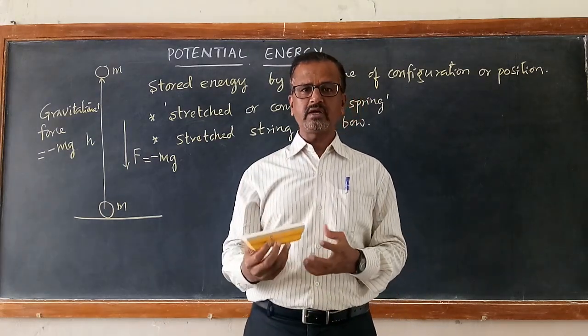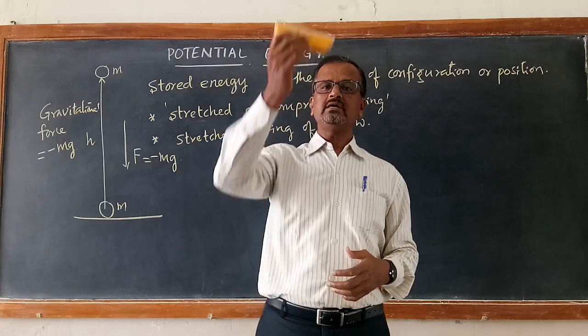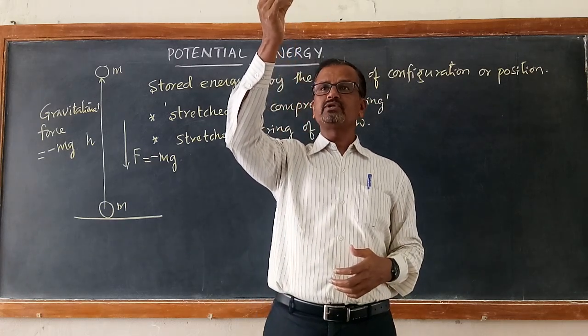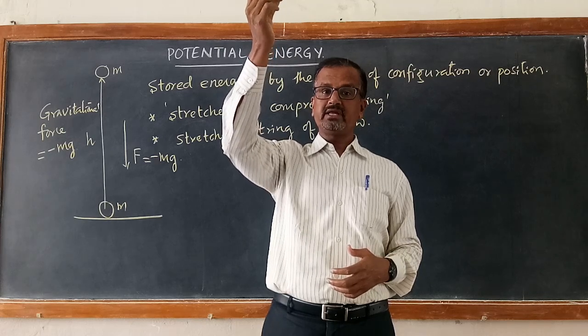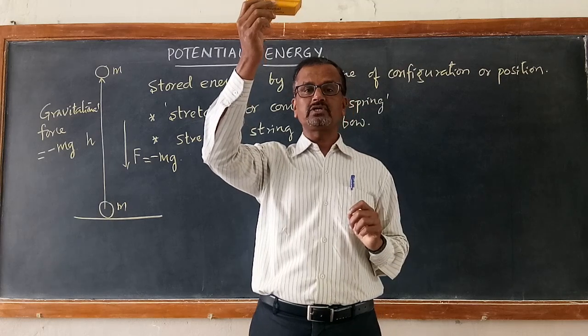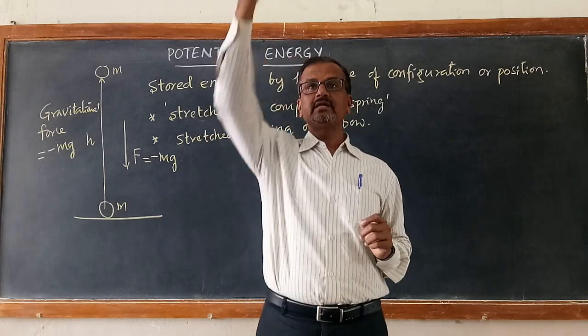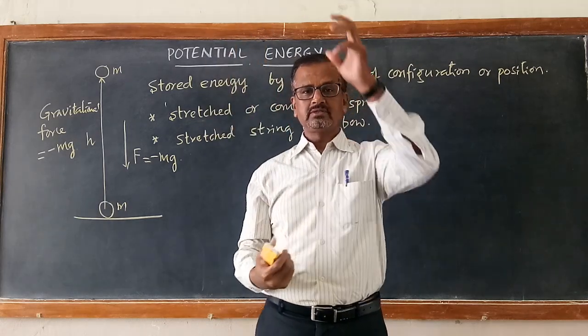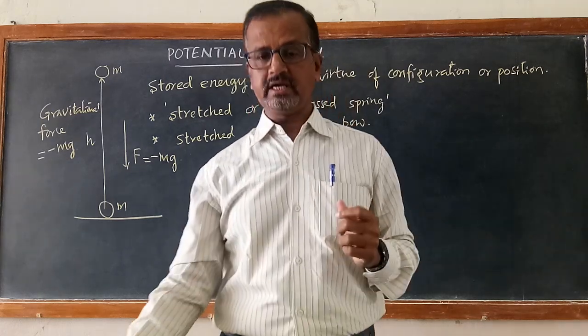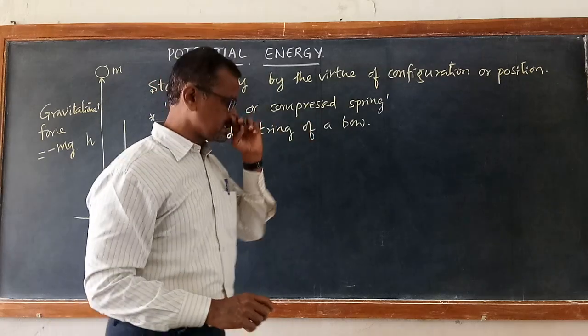Such work done against the gravitational force is stored in it by virtue of its position, in the form of gravitational potential energy. When I release it, it falls down. So, that potential energy is converted into kinetic energy.